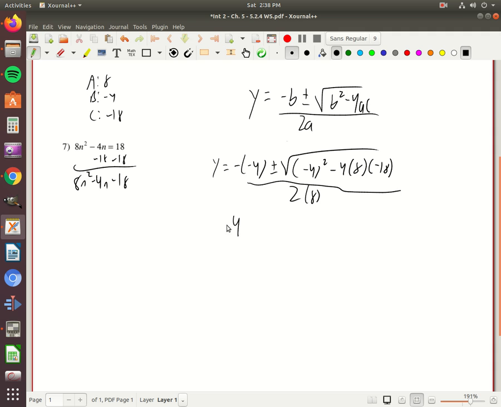So I will get 4 plus or minus the square root of 16 plus, a negative times a negative times a negative is plus, so this is going to be a big number right here. 4 times 8 times 18.